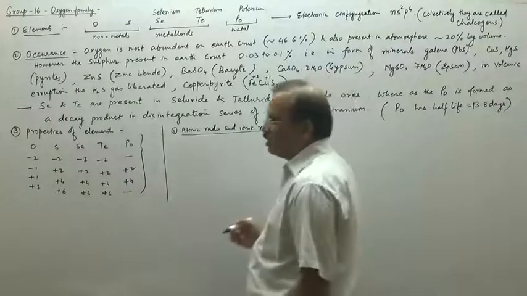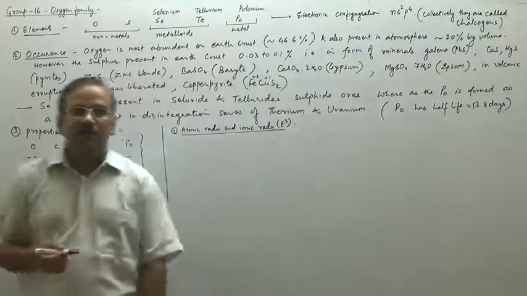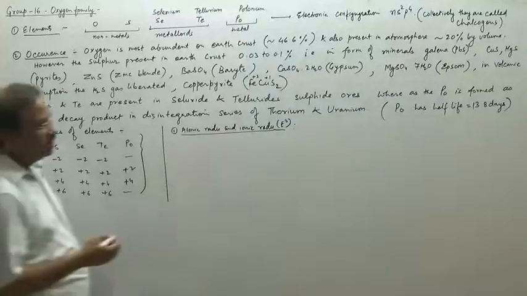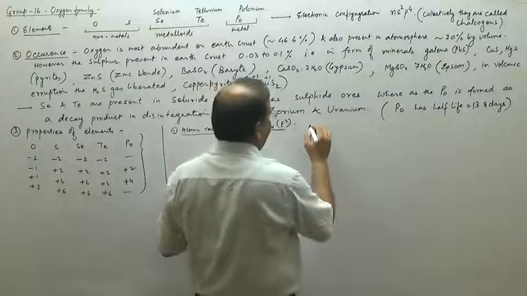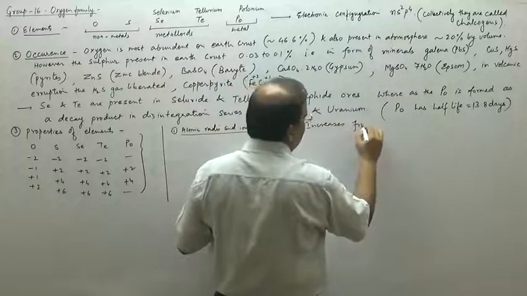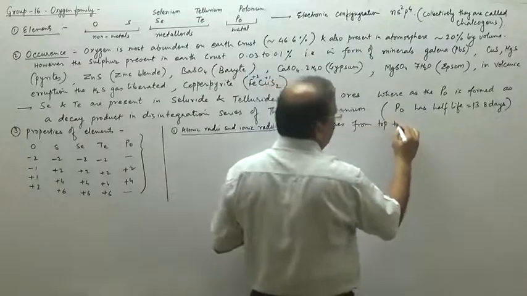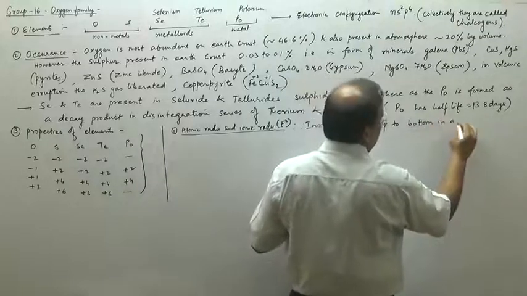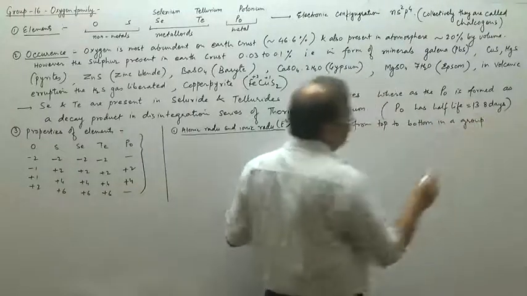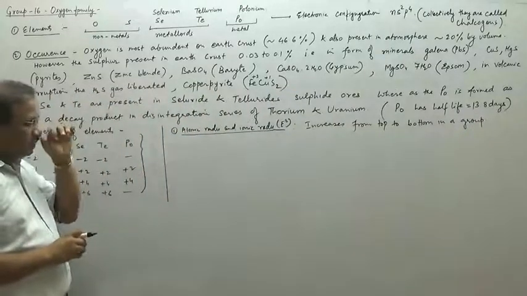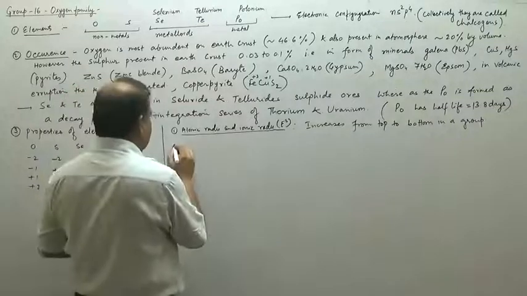If we talk about atomic radii or ionic radii, it increases from top to bottom in a group. That is the general order we can say it follows.